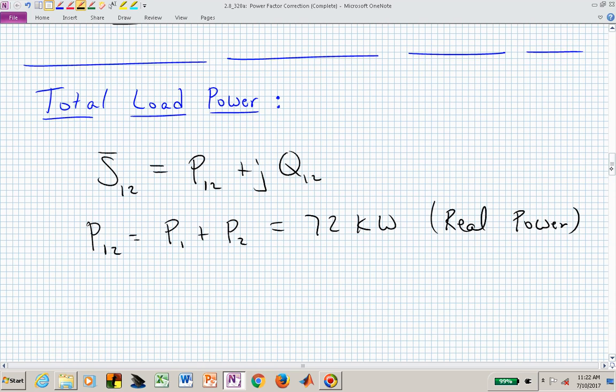Our reactive power of those two loads is now the combination, and we have to make sure that we obey the signs. This isn't the absolute values. We have to get the algebraic sign. So we have the reactive power of load 1, which was 64, and we subtract from that 7 from load number 2, to end up with a reactive power of 57,000 volt amperes reactive.